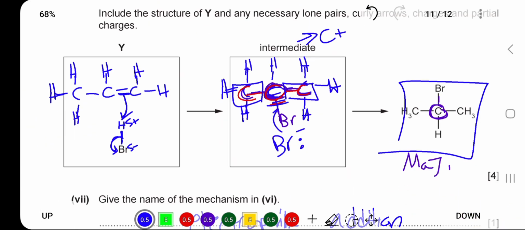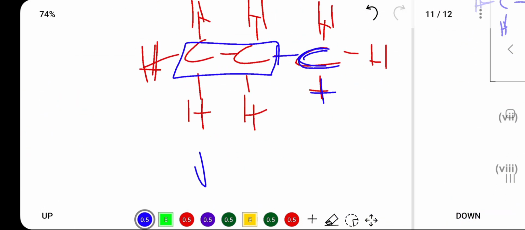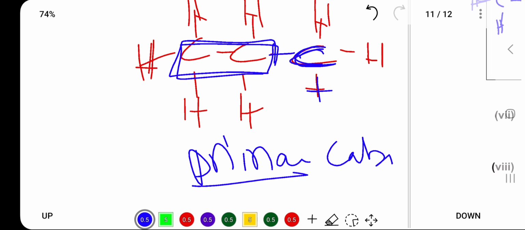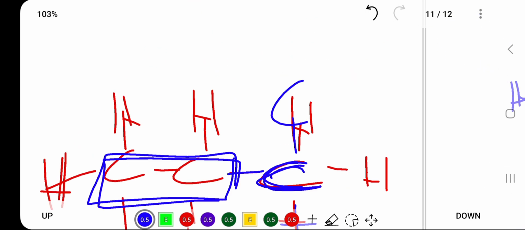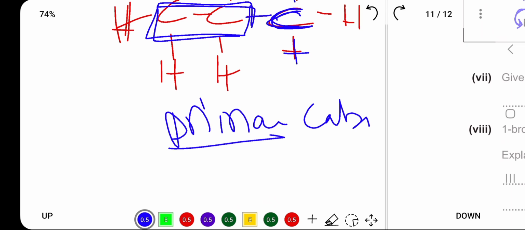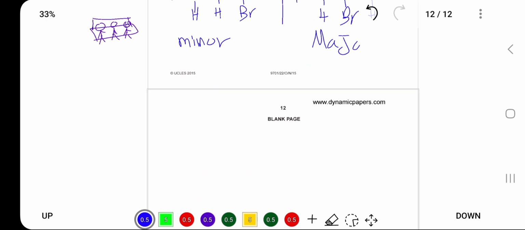That's why we said this is secondary. But in this case, it's a primary carbon, primary because the carbon is connected to one chain only. If there was a carbon here, it would be secondary, but in this case, it's only one carbon chain. Carbon cation indicating the charge. Okay.